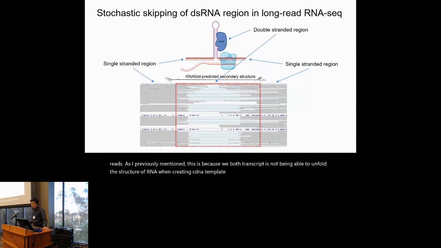And because this is not a regulated process and occurs randomly, skipping patterns are stochastic. So inspired by this observation, we further explored to see if we can leverage this artifact of long-read RNA sequencing to detect double-stranded RNA independent of editing.